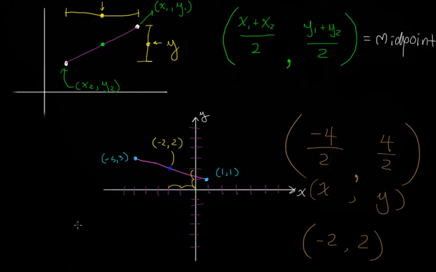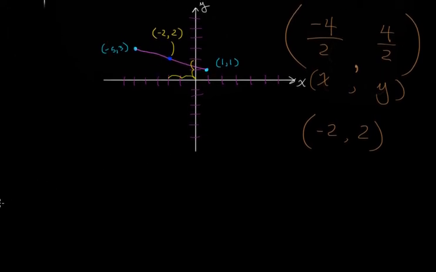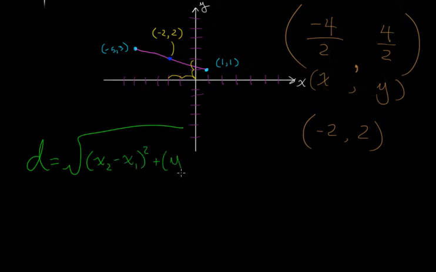So just for fun, to end off this video, let us find the distance using the distance formula. So really quick, I'm just going to put the formula up here: y2 minus y1 squared.